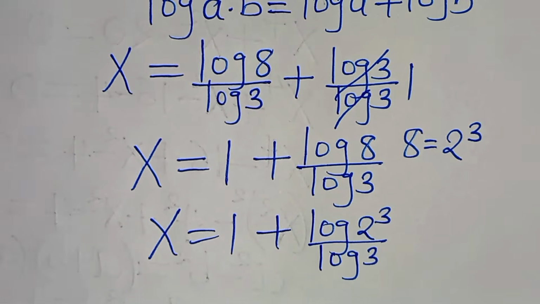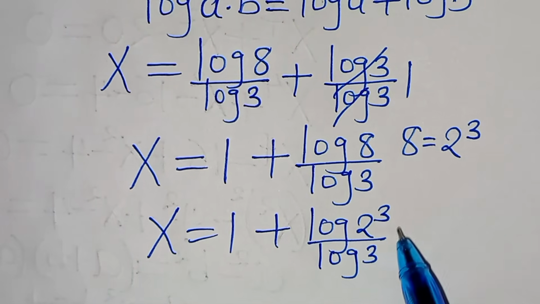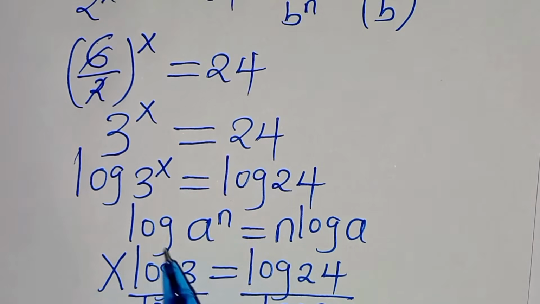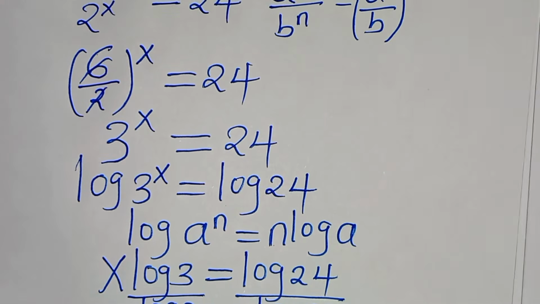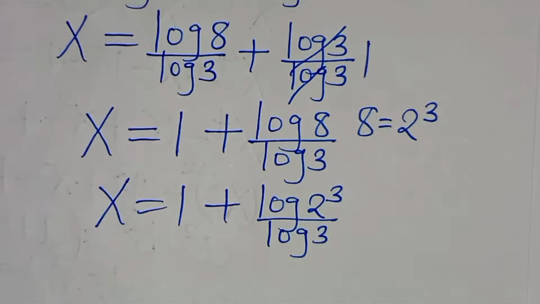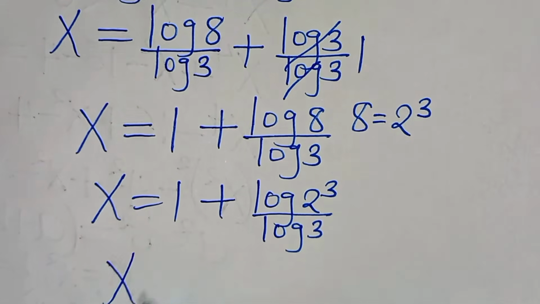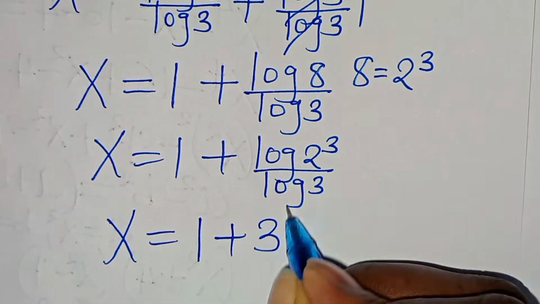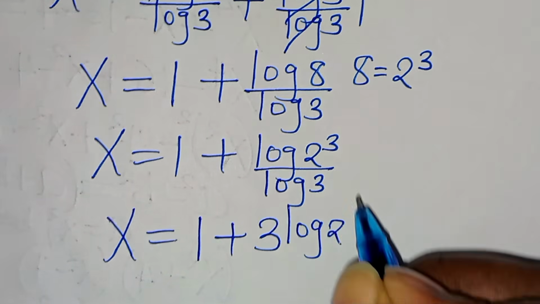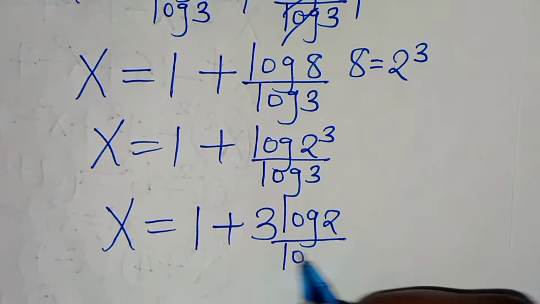Now, the next step is that log 2 to the power of 3, this is in the form of log a to the power of n, which can be expressed as n log a. Now let's apply this property, so that now x is equal to 1 plus 3 log 2 divided by log 3.